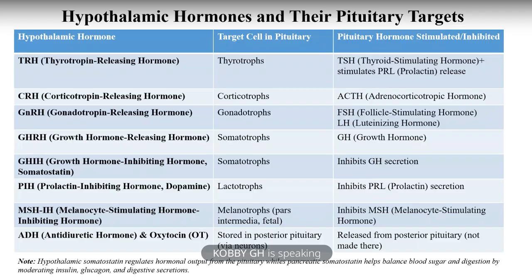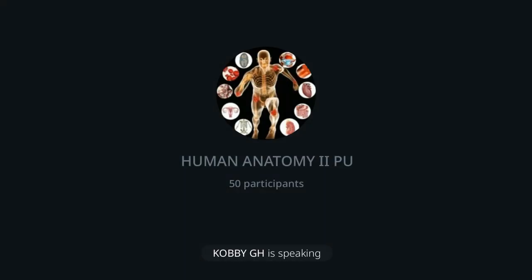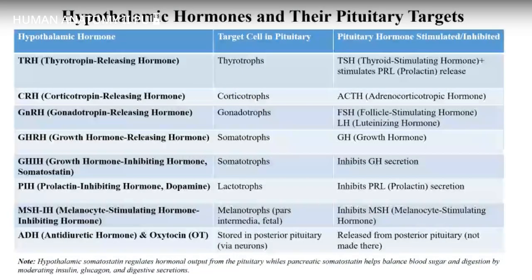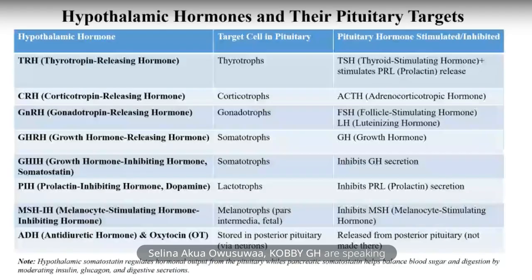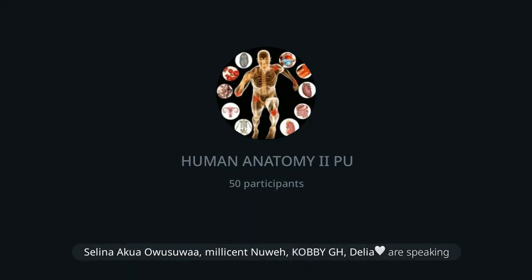Okay, which gland produces inhibitors for growth hormone? So the question again. Which gland produces inhibitors or inhibiting hormones for growth hormone? The hypothalamus.